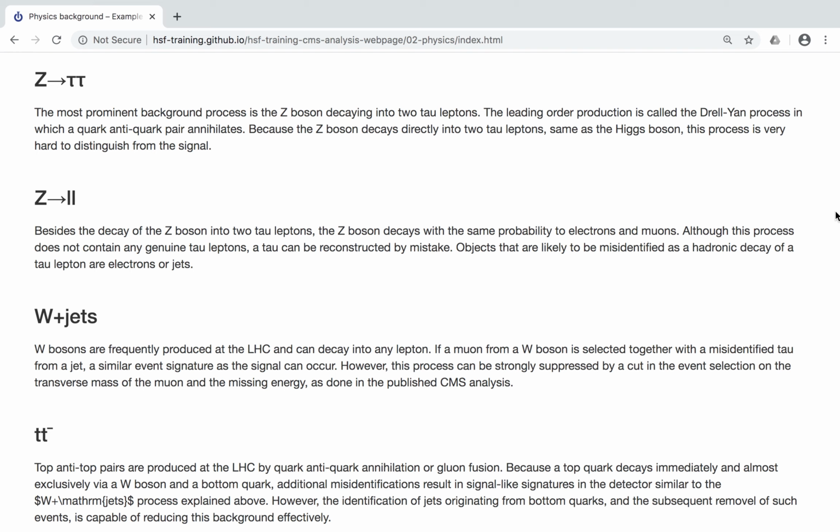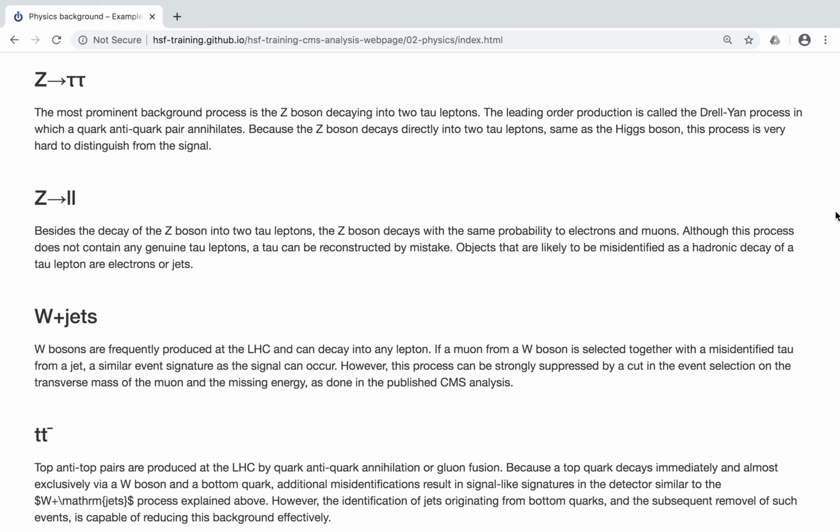And it's decaying to two tau leptons, exact same as the Higgs boson. So it's very difficult to distinguish this from a signal. You might expect that this is one of the dominant backgrounds because Z's are going to be produced at an enormous rate in the LHC, and we have two genuine tau leptons in this background.